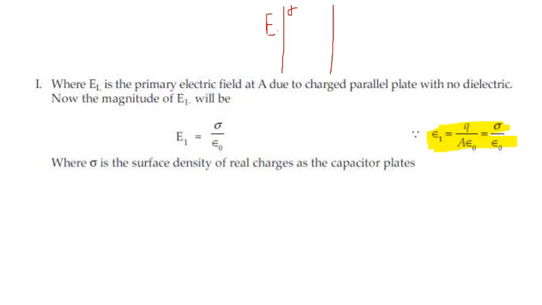The primary electric field is E1, then this will generate a surface density sigma, and so it can be written as sigma over epsilon 0 or Q over epsilon 0 A. This is the first contribution to the field.